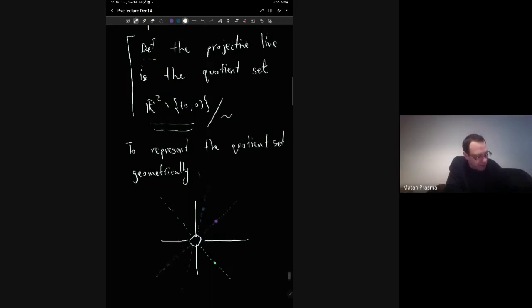Then I get the circle, which would have been a good circle if I had better drawing skills. And on this circle, I actually identify two antipodal points.